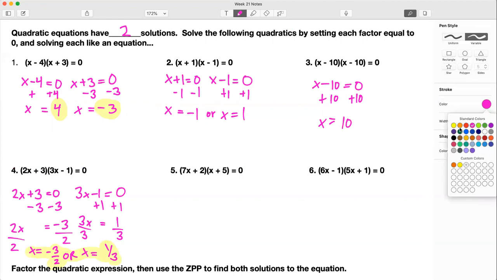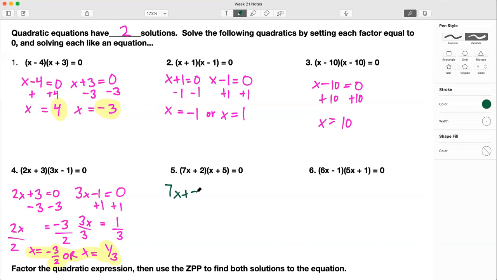All right, I'm going to switch colors. Number 5. Set each one of the factors equal to 0 and solve. 7x plus 2 equals 0. X plus 5 equals 0. All right, so subtract or add the constant.